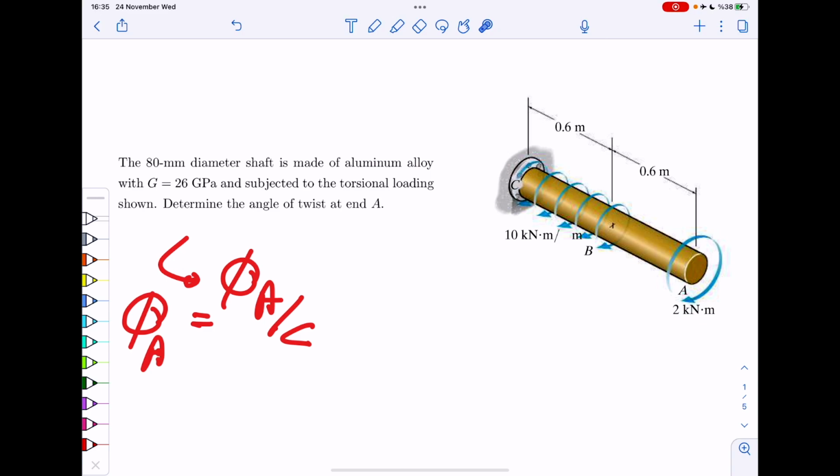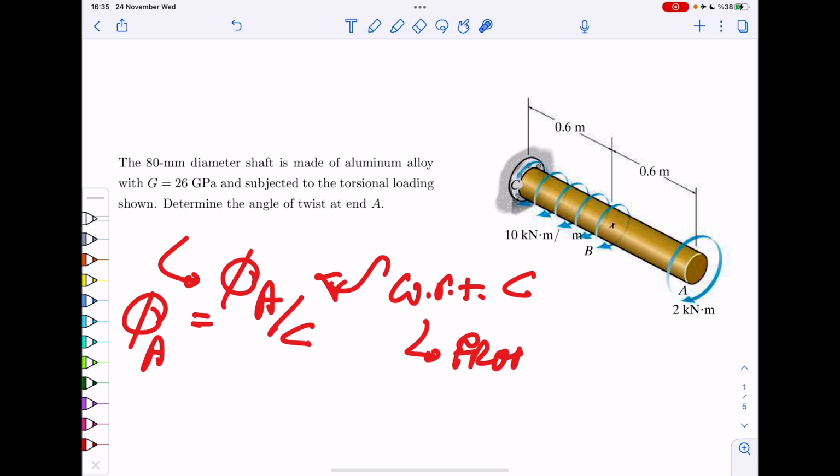Now, when you write A with respect to C, it basically means from C to A, okay? So in this case, the most natural way of thinking of your coordinate system is such that it starts from point C and goes to point A. Then it makes sense.